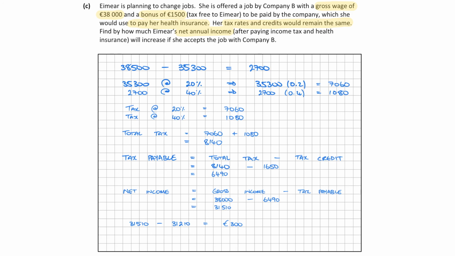So the answer there is that she'll have a €300 increase if she was to move to company B. And that part of that question, part C of that question, that year was given 10 marks.